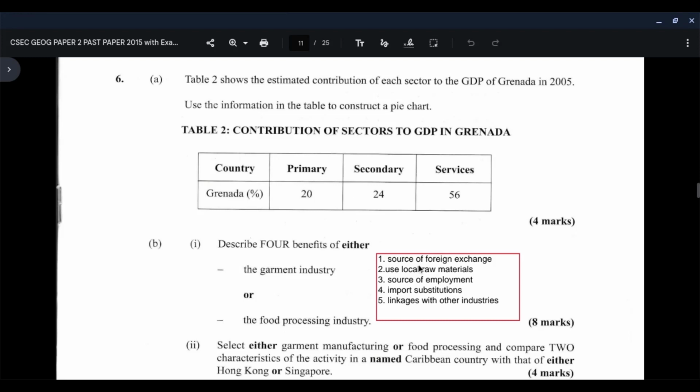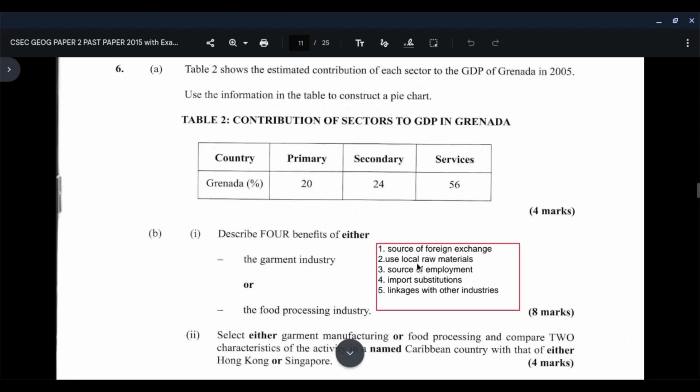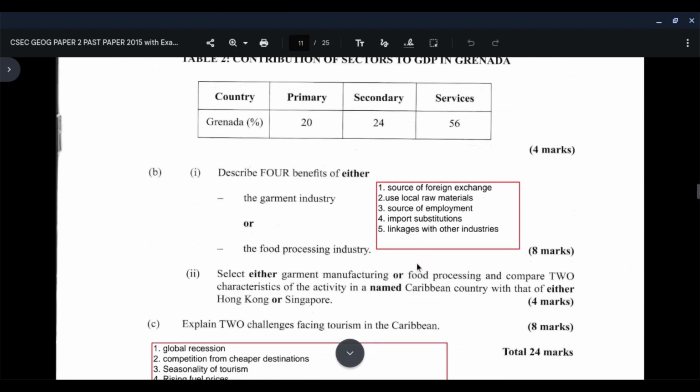Once the milk is produced, it is used in other industries to create other final products. The same goes with the garment industry. Once you're able to describe just any 4, then 8 marks should be yours.